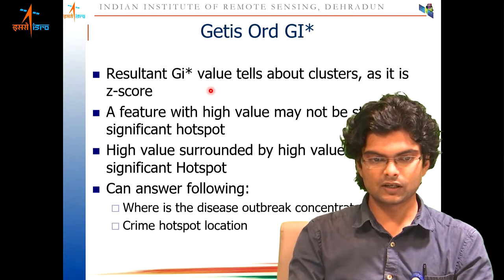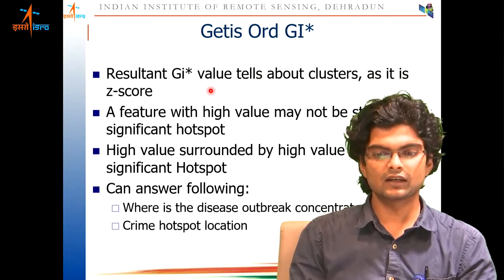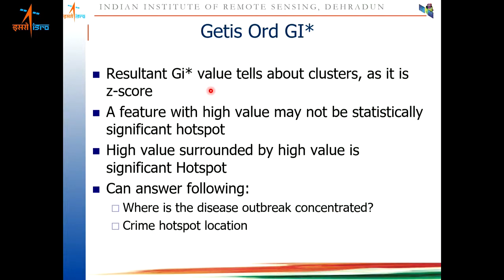So what does this tell you? The resultant Gi star value will tell you whether the cluster is a hotspot or not. How will it tell you? Same similar process. If the Gi star value is more than plus 1.96 towards the right side, then it will be a hotspot.